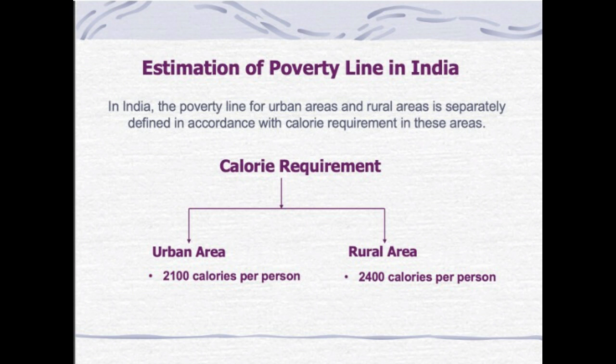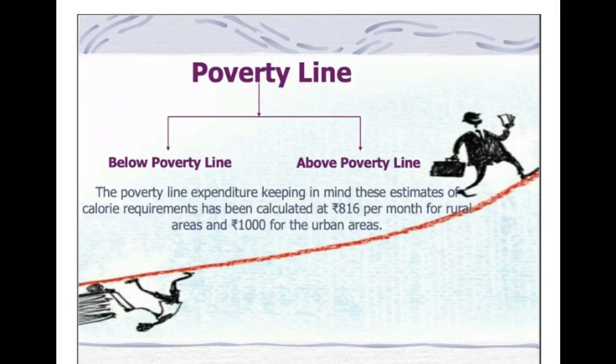Now the question arises, why are the calories more in rural areas? As you all know, in rural areas, people are indulged in more physical work as compared to the people living in urban areas. That's why the calorie requirement for rural areas is higher than urban areas. Now, let us take a quick view of the poverty line.